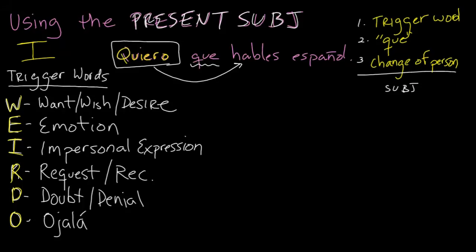When we're working with I of the trigger words, the impersonal expressions, that is when we have a form of ser, S, and then a word out here. Let me give you a few examples.